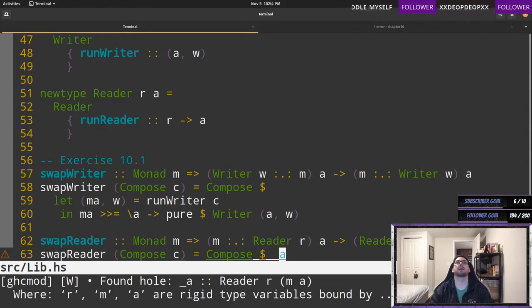If I use bind, I have to put in another monad. Let me explain what I'm saying. This bind function here, I was thinking about using that, but I have to embed the same monad. That's what this pure thing is doing. So I don't know how to unwrap that randomly. There's really no way to do that.